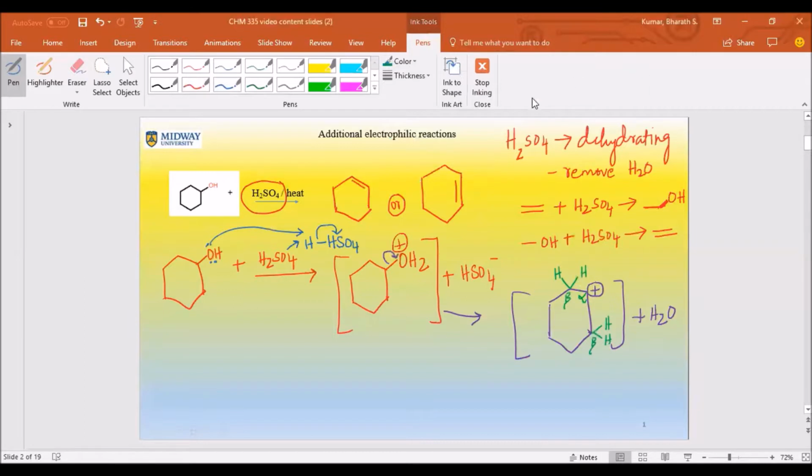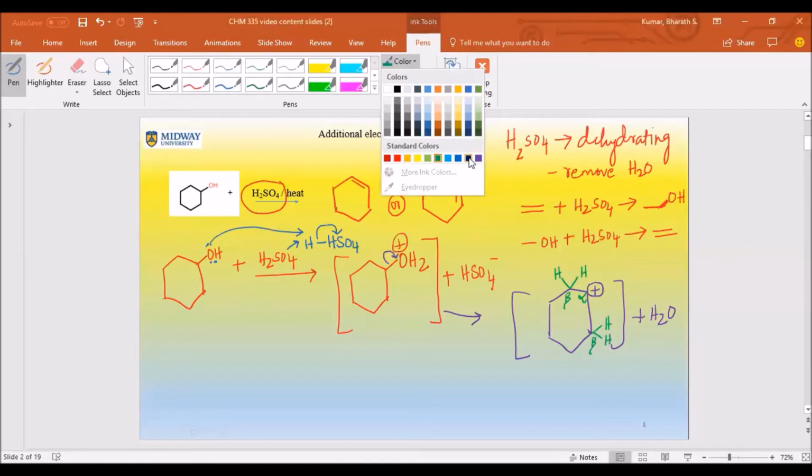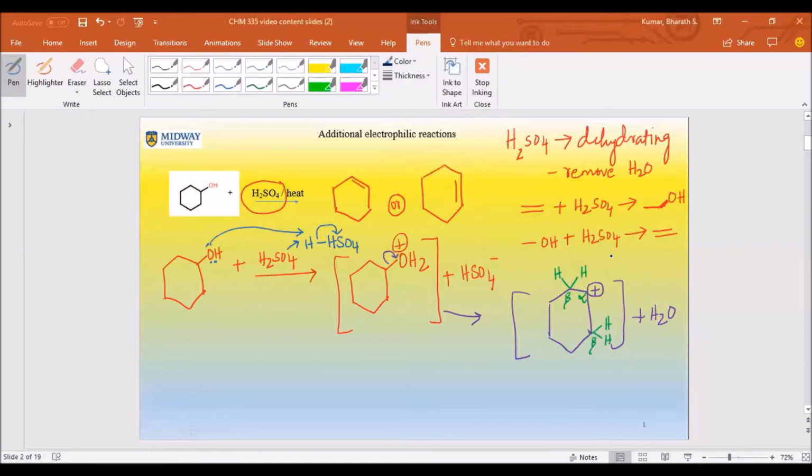I'm going to again switch colors, so it's a multitude of colors to really understand this process. Remember that HSO4 minus we cleaved? It's going to come and grab this hydrogen, and in the process this bond is going to come here, and when a bond comes in, it brings in a negative charge which neutralizes the positive charge. So it's going to give you this, which is one of the products.